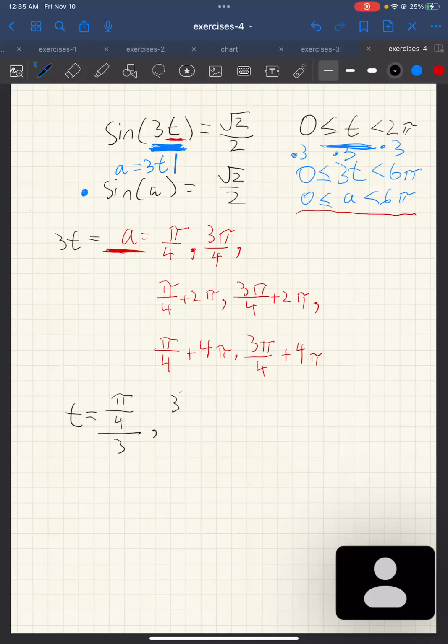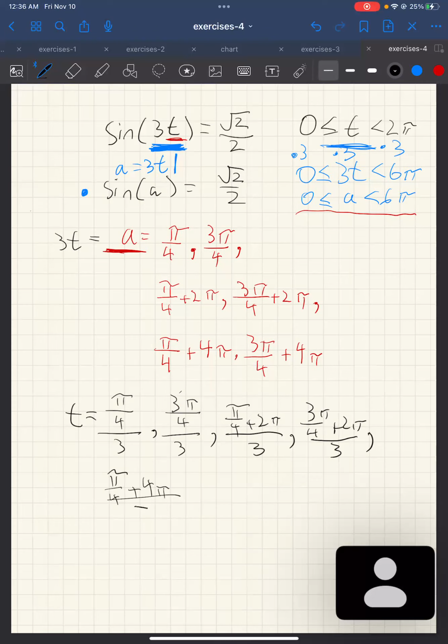So my answers are pi over 4 divided by 3, 3 pi over 4 divided by 3, pi over 4 plus 2 pi divided by 3, 3 pi over 4 plus 2 pi divided by 3, pi over 4 plus 4 pi divided by 3, and 3 pi over 4 plus 4 pi divided by 3.